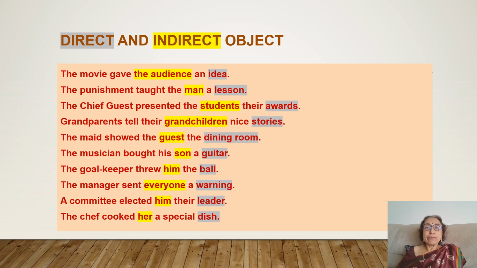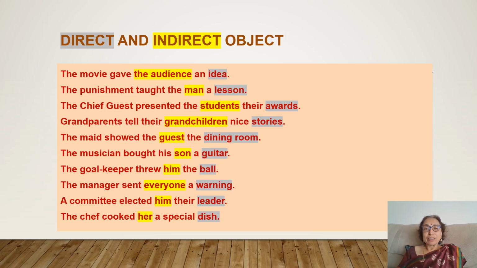Here we have: the movie gave the audience an idea. So you have audience, you have idea. Two nouns are there. The verb is gave. So the movie gave an idea, complete sense. The movie gave the audience... incomplete.